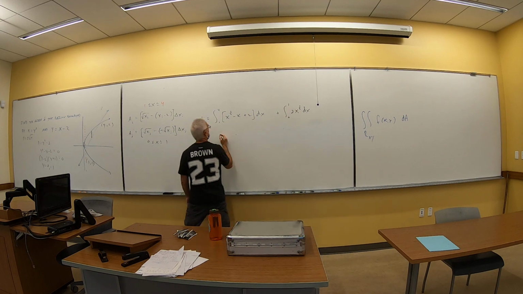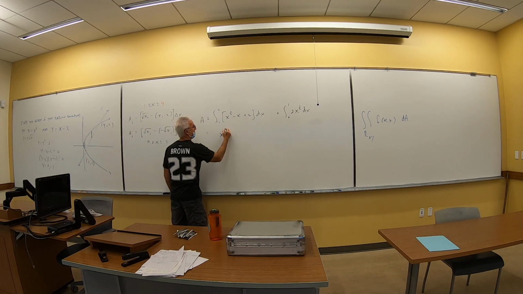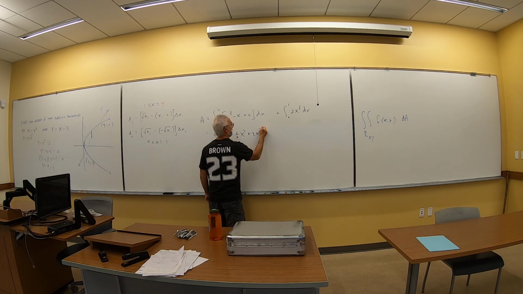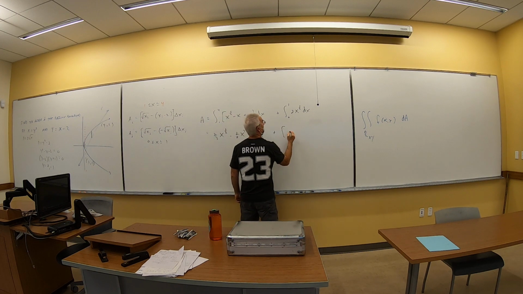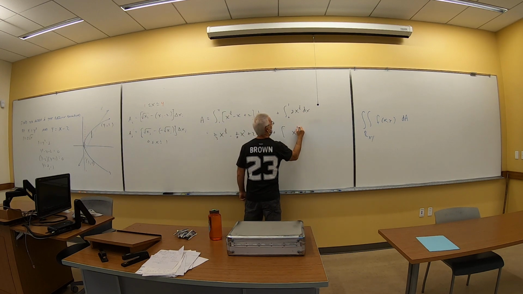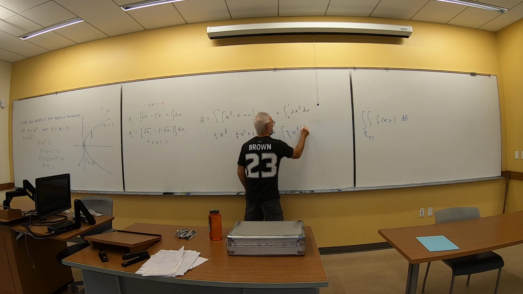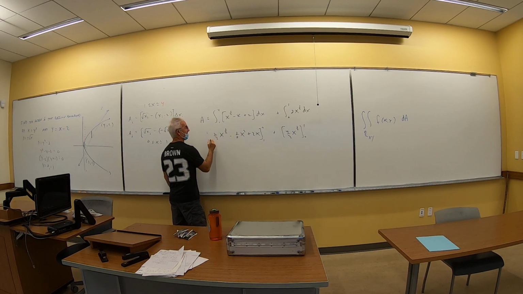Boy, all right, let's do it. So that's going to be x to the 3/2 times 2/3 minus 1/2 x squared plus 2x from 1 to 4, plus x to the 3/2 times 2/3 times 2. A lot of work, but it's what it is.